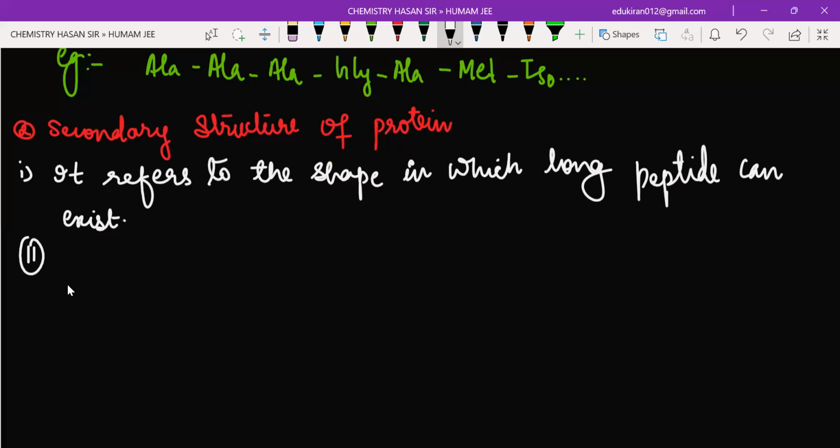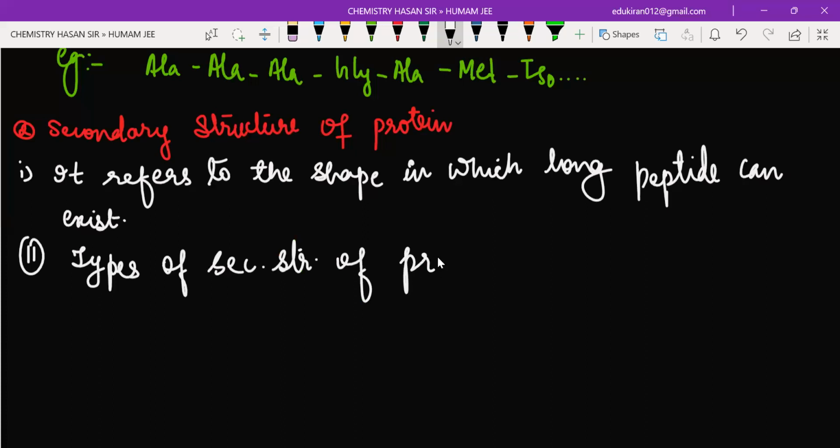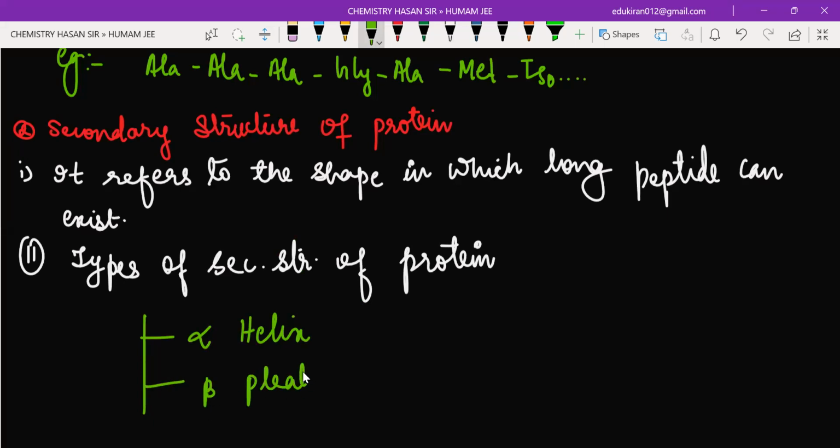There are two types of secondary structure of protein. One we call alpha helix, and another is beta pleated sheet structure. Alpha helix structure.